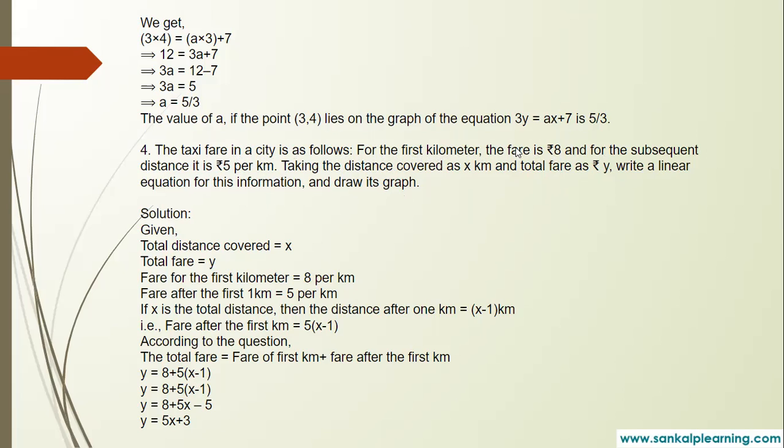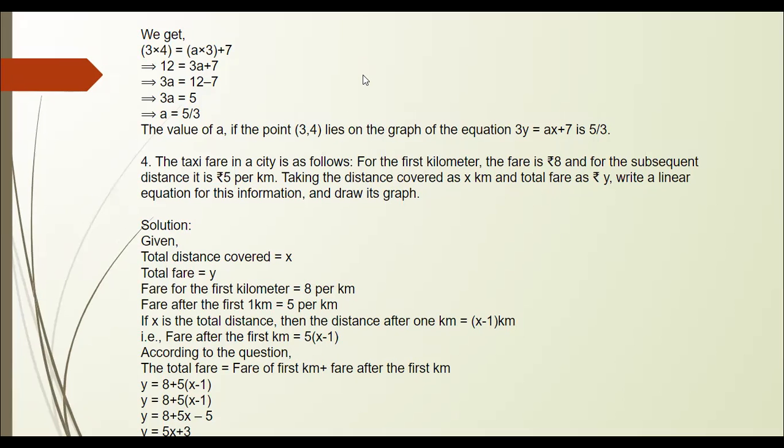For 1 kilometer the fare is 8 rupees, that is the charge. Next, for the remaining distance it is 5 rupees per kilometer. Total distance is x kilometer. Already it is given in the question. Total fare is y. For this, you are going to write an equation, children. This is fourth one.